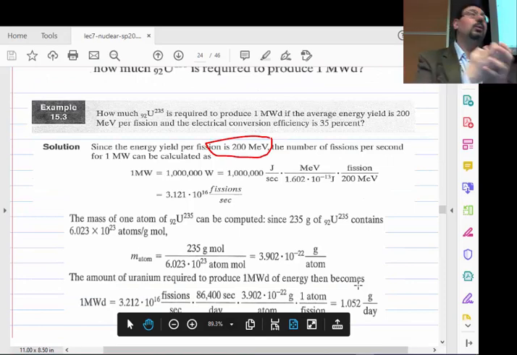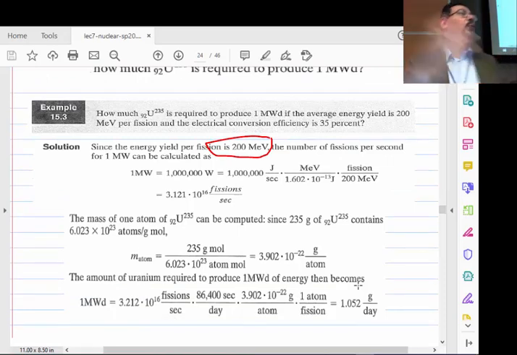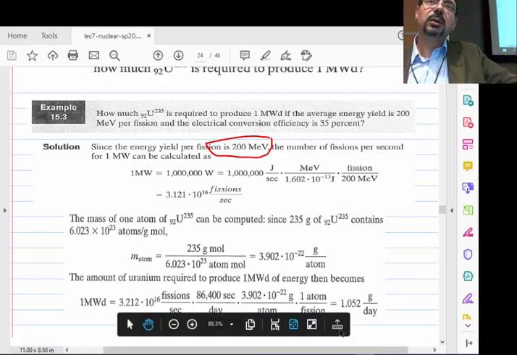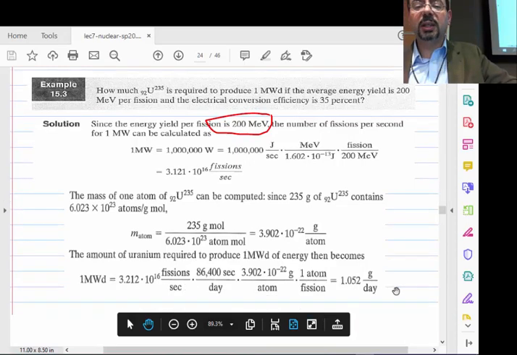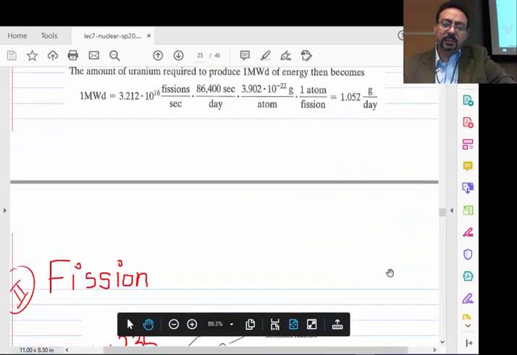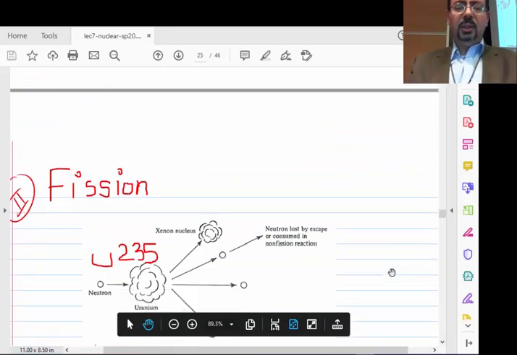So 1 kilo, just 1 kilo of uranium-235 will replace this power plant for a whole day, with all the natural gas that's basically consumed. Okay, so it's very clear how much energy is contained in nuclear reaction.